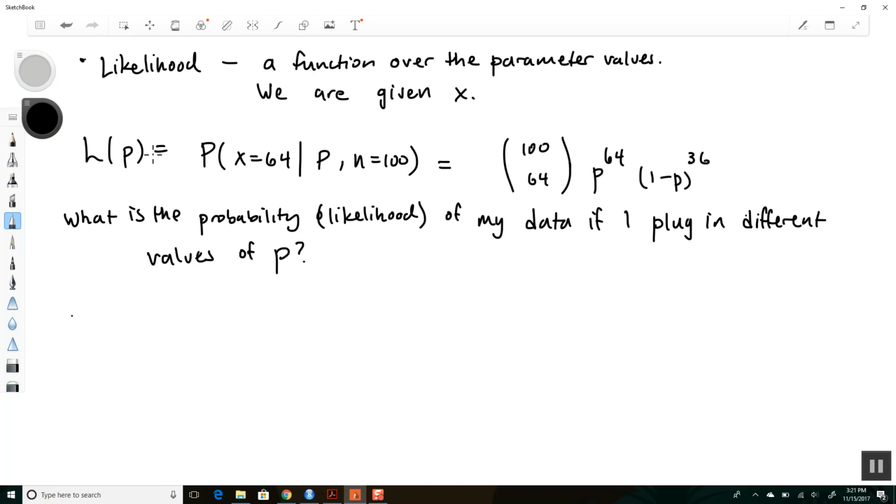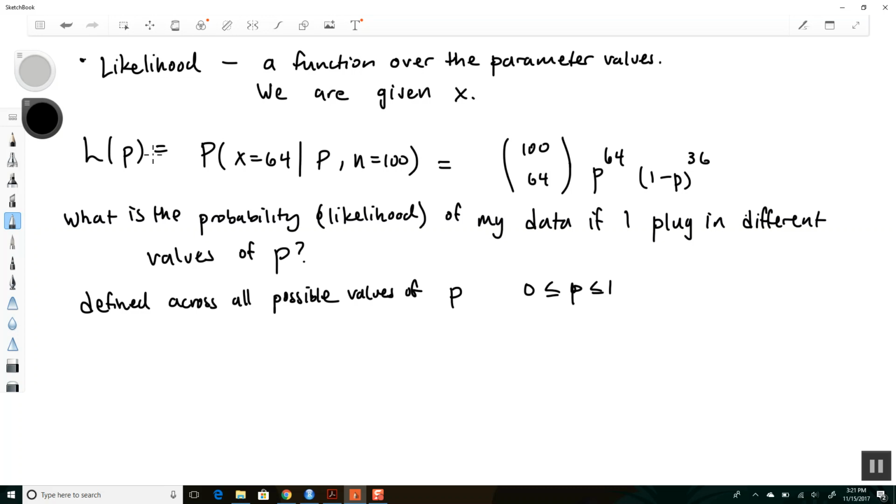And so the likelihood function is only defined across all possible values of p, which in this case is 0 to 1.